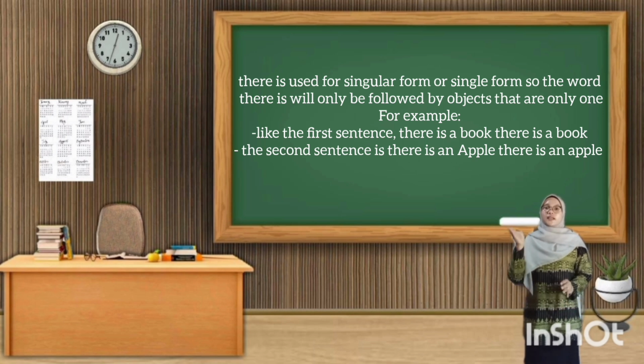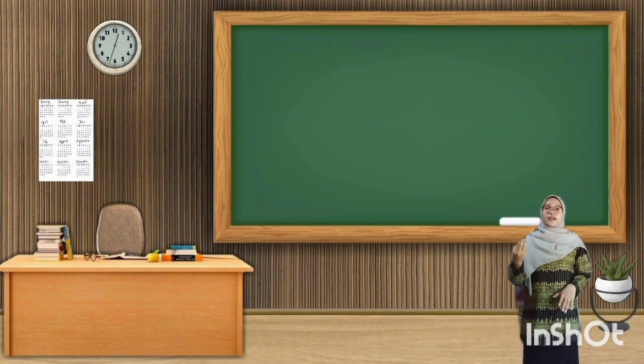For example, like the first sentence, there is a book. There is a book. The second sentence is, there is an apple. There is an apple. Well, for the second sentence, why do we use an, not a?